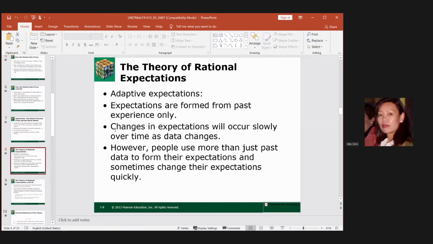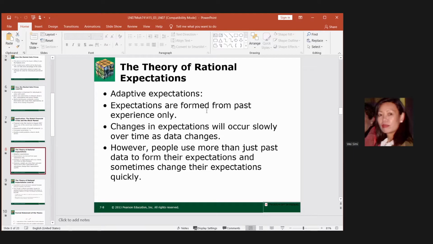Then you touch it, you learn, okay? You say, oh, the stove is hot, do not touch it. So the next time you won't touch it. That's what I mean by adaptive: you learn from past experience and then adapt the expectation. So next time when you see the stove is hot, you don't touch it. That's what I mean by adaptive expectation, okay?